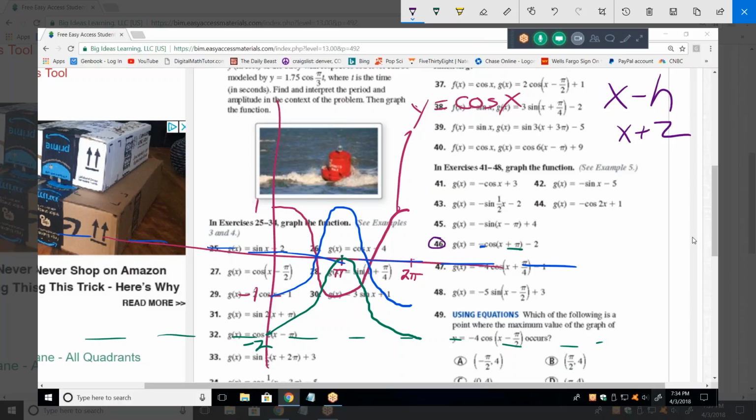Okay? So we're going to take our green curve and we're just going to shift one key point on it. How about this point right there? We're going to shift it left by pi. And now I'm going to redraw the whole curve, same shape. Phase shift does not change shape, merely changes horizontal.